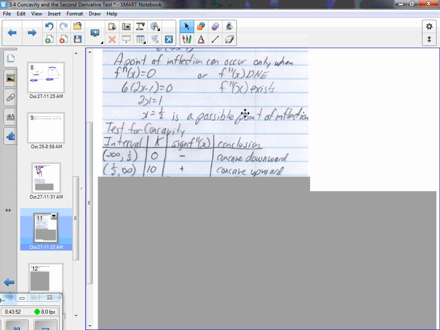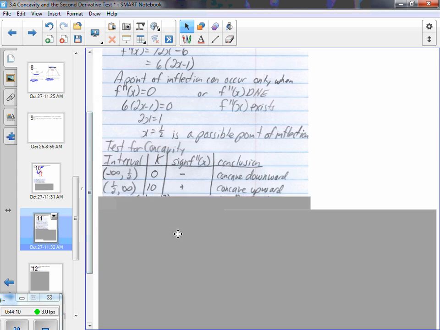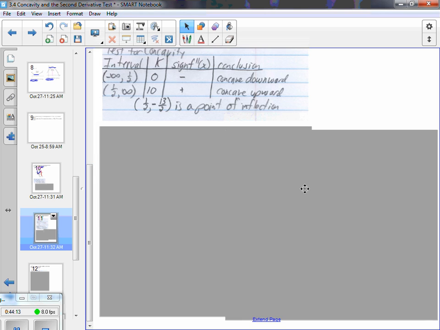All right. Now, the directions actually wanted a point of inflection. So now that I know the point of inflection occurs when x equals 1/2, what do I do to get the point? Plug it into the original function. So you can use your calculator if you want.